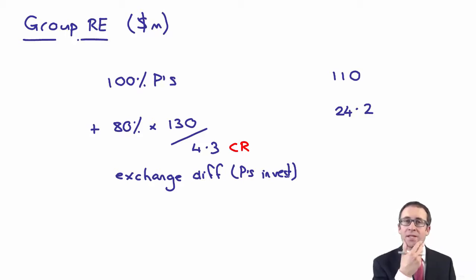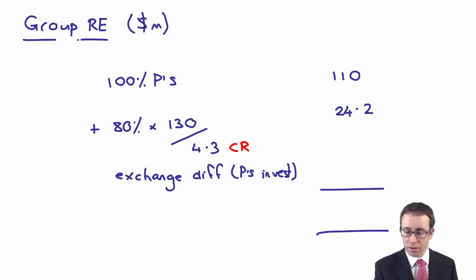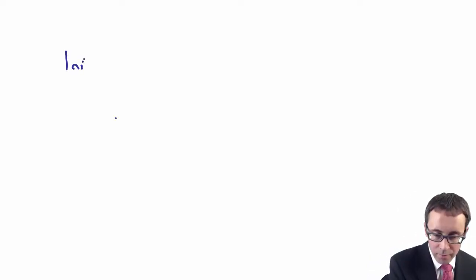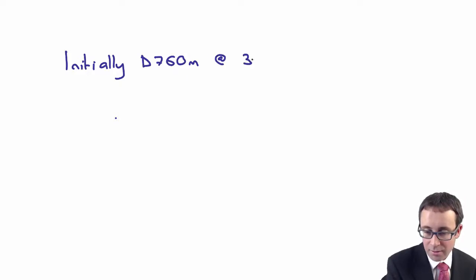Because what we've done essentially is that investment, was it $760 million? Sorry, 760 million dinar. What we've done is initially it was the 760 million dinar at 3.8, wasn't it?